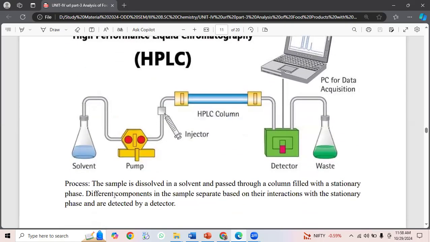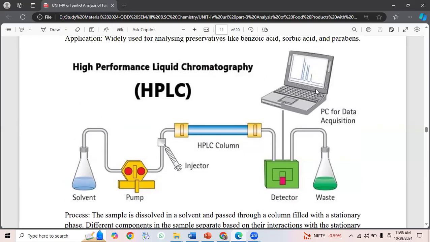The sample is dissolved in a solvent and passed through a column filled with a stationary phase. Different components in the sample separate based on their interactions with the stationary phase and are detected by the detector. After detection, the data is analyzed to identify the compounds.